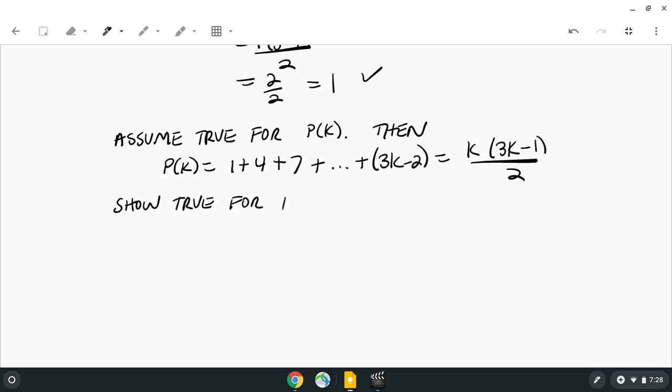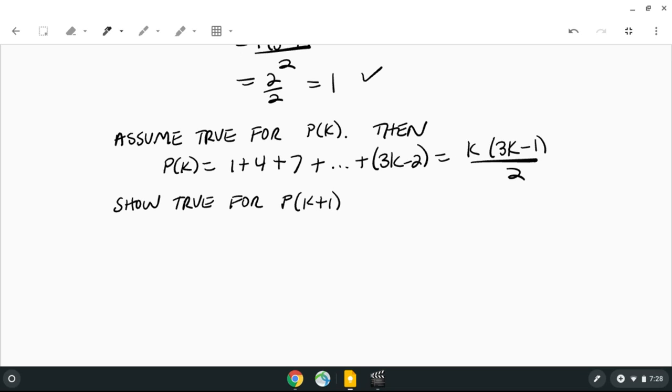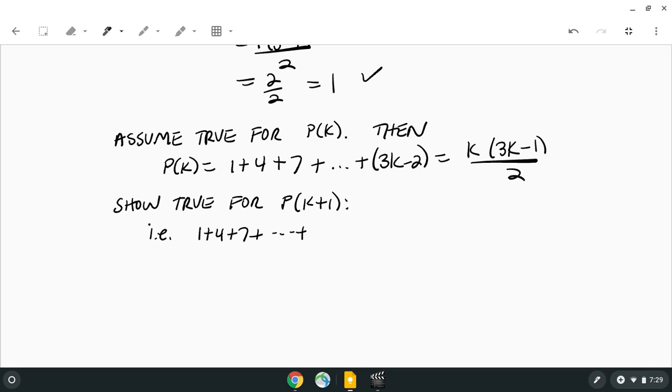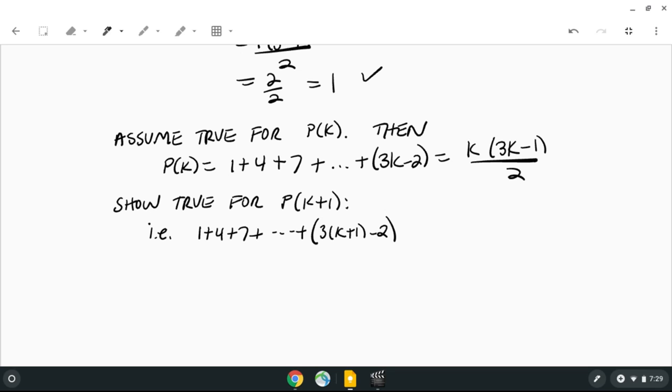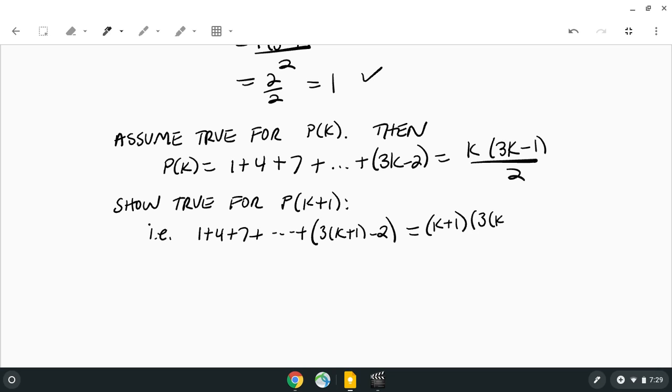Okay, so we assume true for P of k, so now let's show that it's true for P of k plus 1. That is, 1 plus 4 plus 7 plus, now replacing all the n's with k plus 1, 3(k plus 1) minus 2 equals (k plus 1) times (3(k plus 1) minus 1) all over 2.